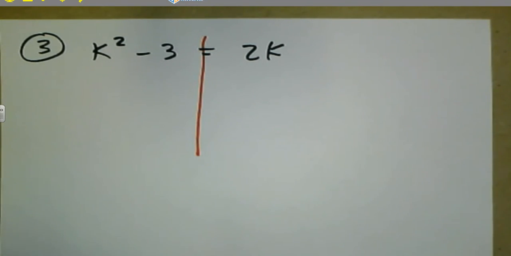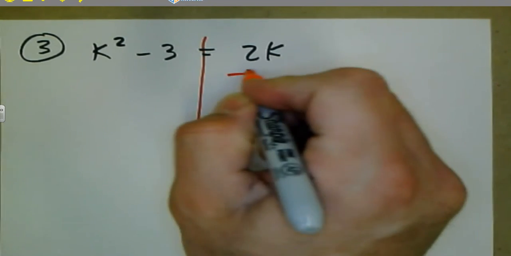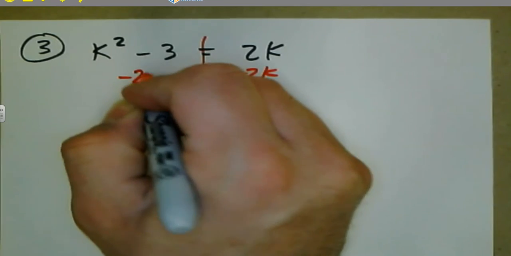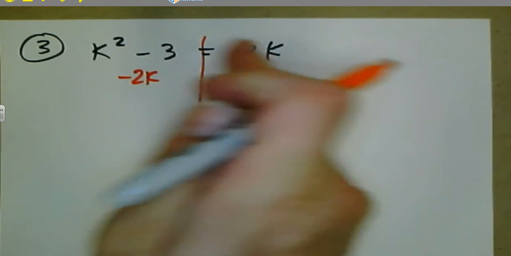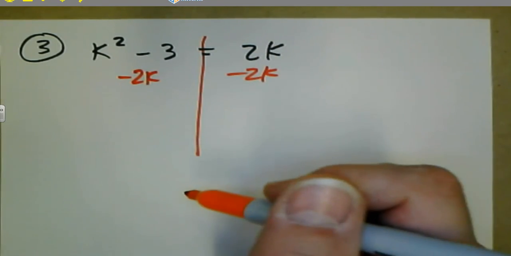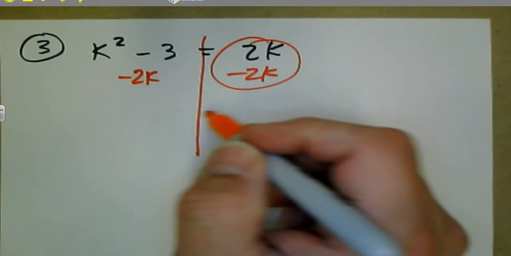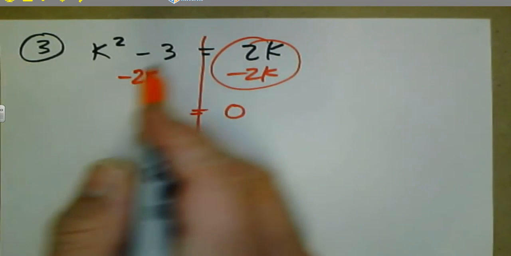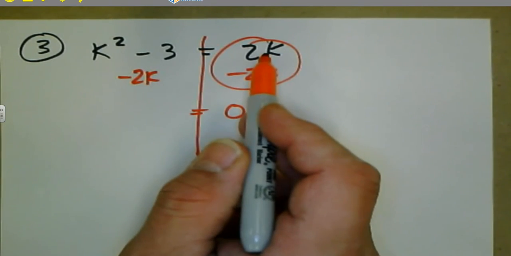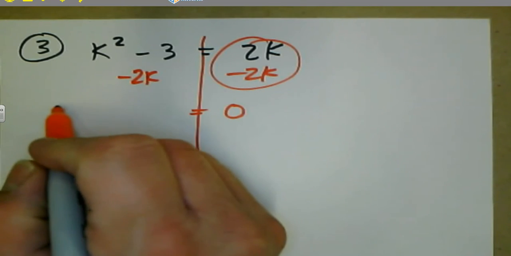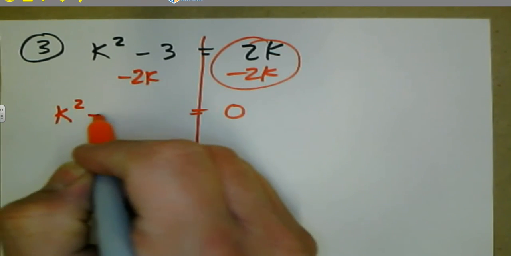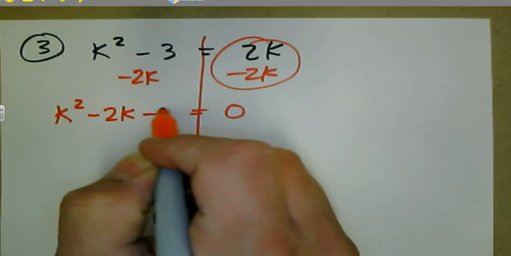Yes, go ahead. It's a negative 2. Does everybody see that? When I move it from one side to the other, it becomes the opposite. So my negative 2K becomes 0. But look, what was 2K becomes negative 2K. So K squared minus 2K minus 3.